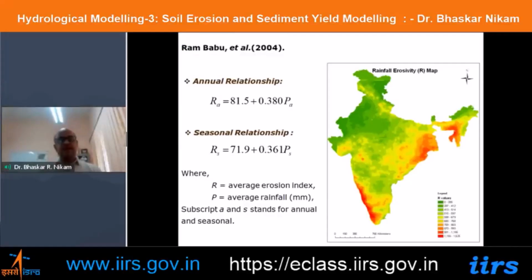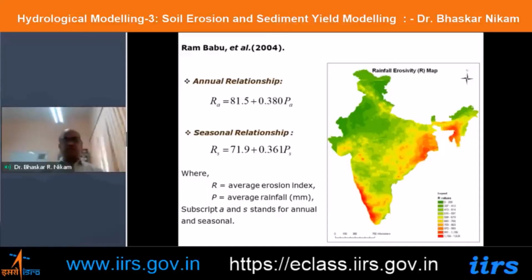Now, sadly, in developing countries or even in developed countries, the network of recording type rain gauges is very sparse. Whereas we have a very dense network of non-recording type rain gauges, because they are at almost every government establishment, revenue establishments in the district, in the tehsil, even in big villages. So we get rainfall per day. We don't get the intensity of rainfall.